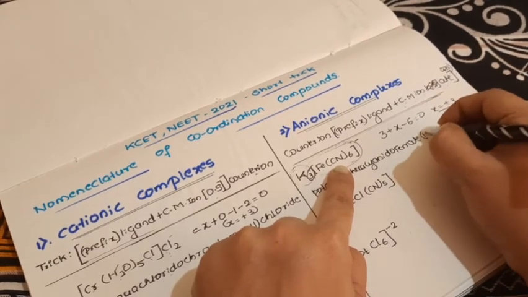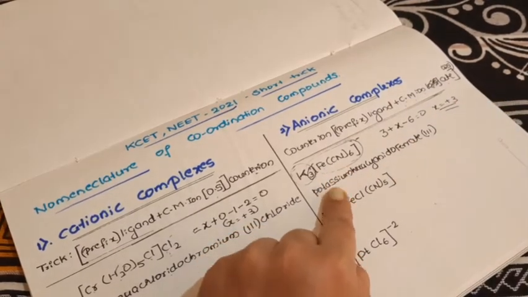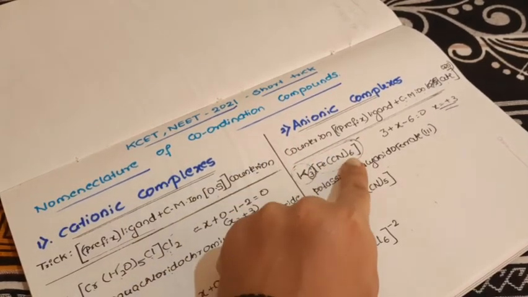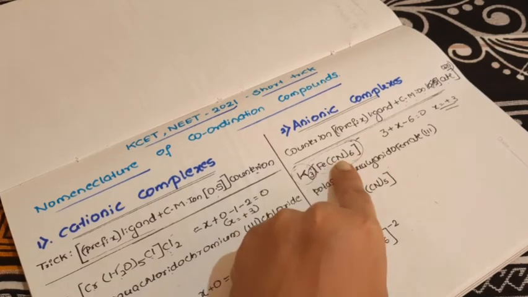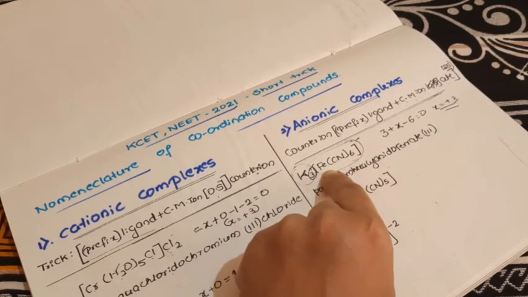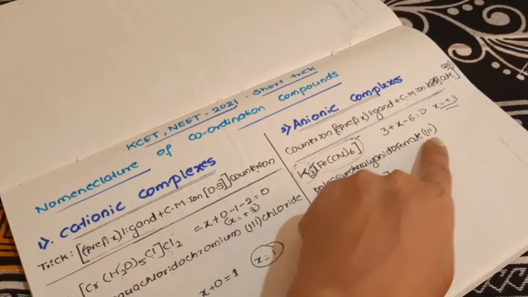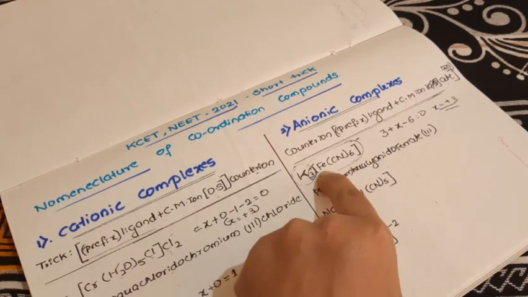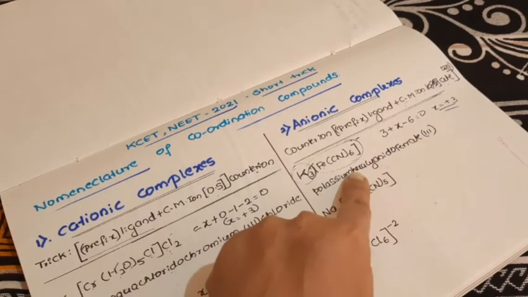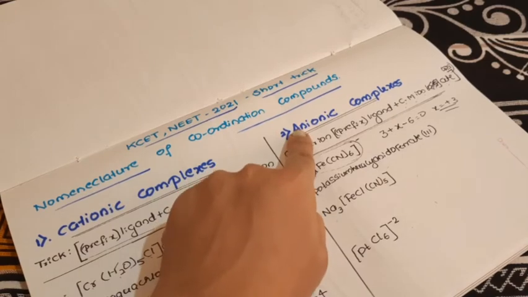So the oxidation state is 3. So: potassium counter ion, hexa its prefix, ligand is cyanide written as cyanido, and for iron you're not supposed to write ironate, you should use the word ferrate, and then the oxidation state. These are the changes you have to apply while naming the anionic complex.